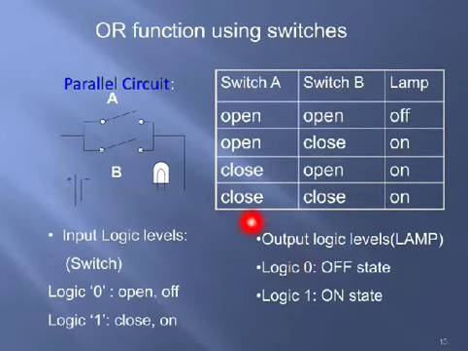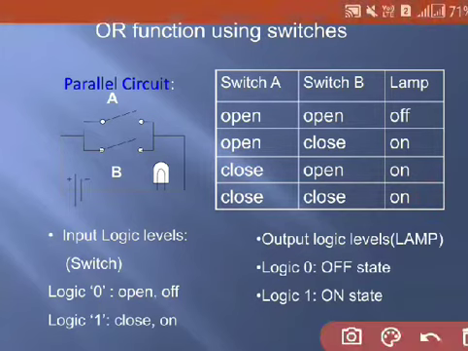Similarly for the third combination, switch A is closed and switch B is open, then the current will be flowing through the path of switch A, and the lamp will glow, so you can consider it as logic 1. And for the last case also, since both the switches are closed, current will be flowing through the path of both the switches, and the lamp will glow, and you are considering that as lamp on.